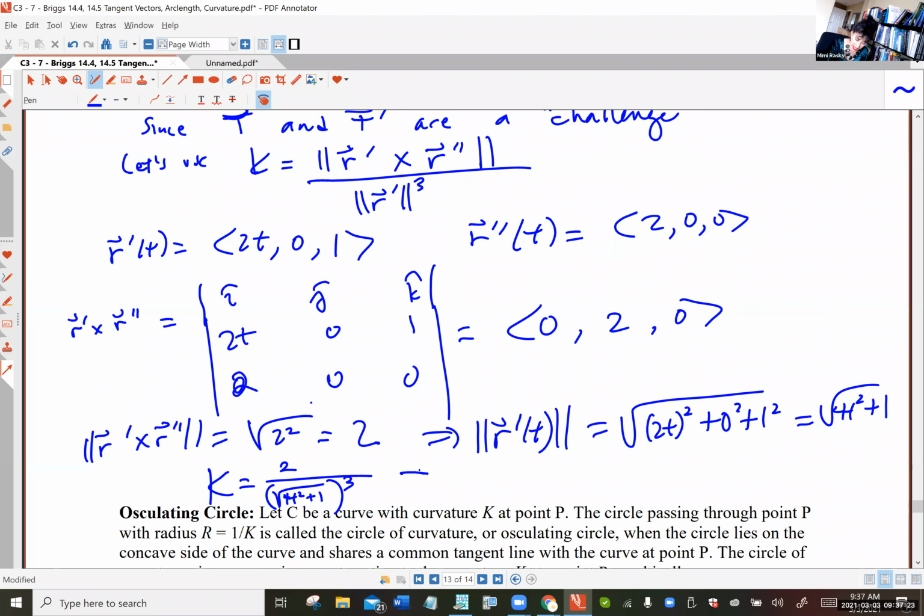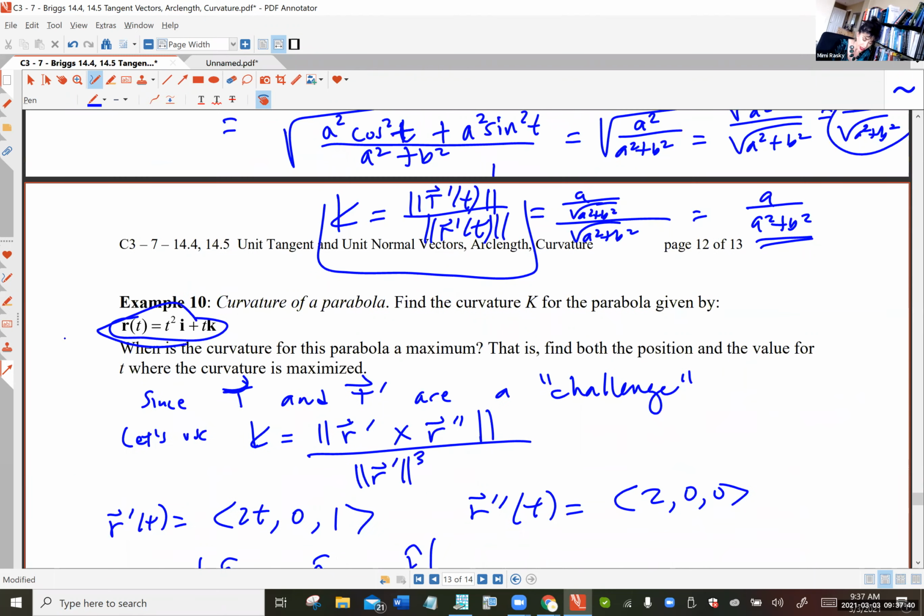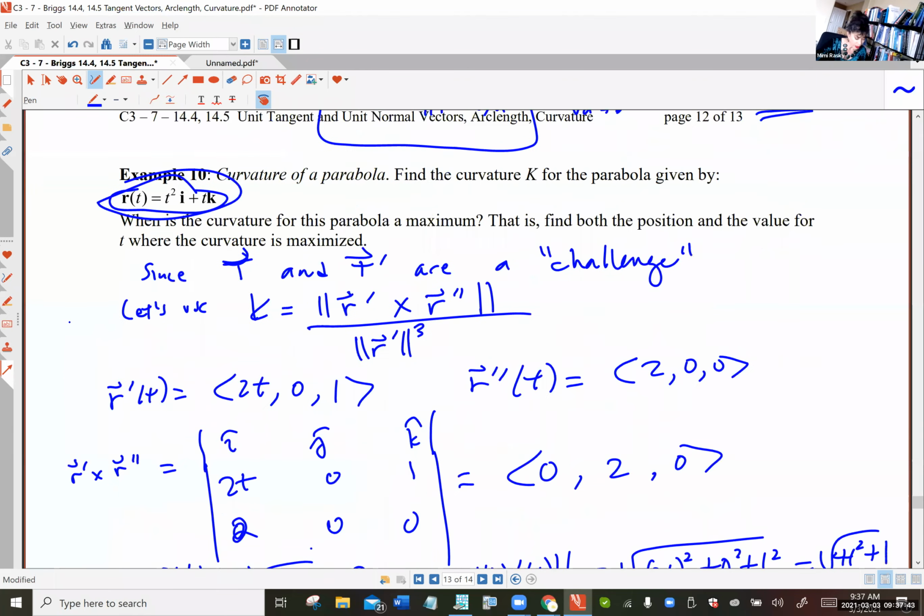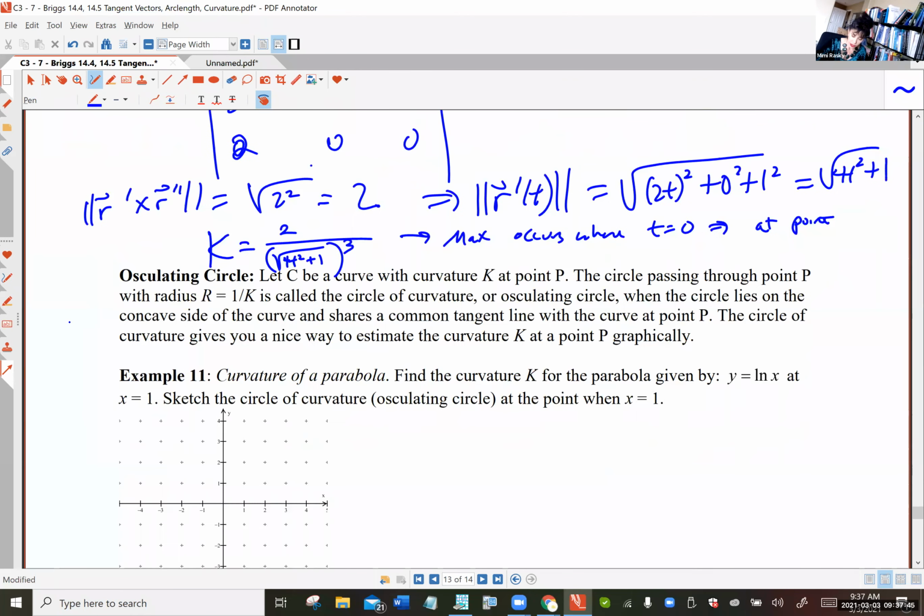Now, when does a max occur? When is this curvature maximized? The max occurs when time t is equal to 0, because that's when that fraction on the bottom is going to be the smallest. And that occurs at the point on the curve when you plug time t equals 0 into your original position vector. That occurs at the point 0, 0, 0, essentially.